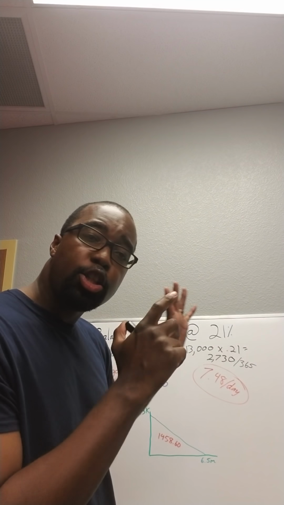But since you are only spending 6.5 months to pay this off, it's going to be a total of $7.48 a day times 195 days. Where did I get the 195 from? Well, I got it from the 6 months, which is 180 days, plus the half month, because we said 6.5 months.